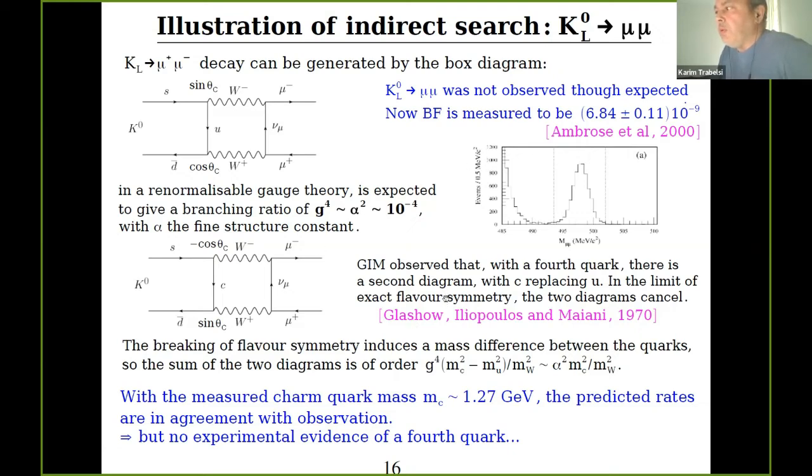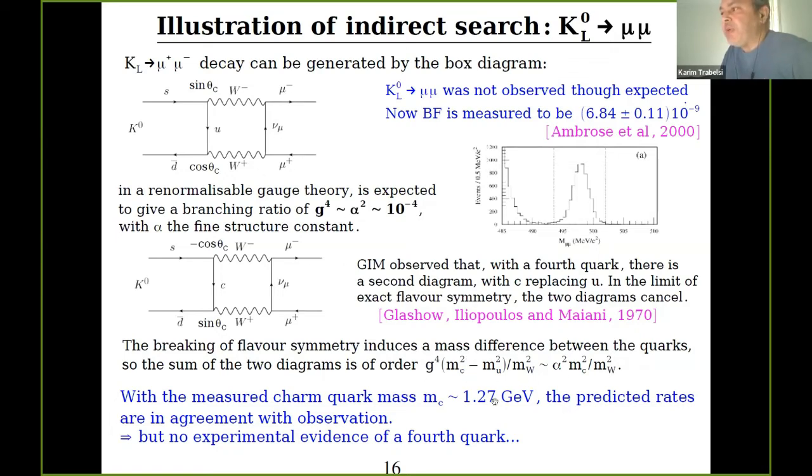And then as you all know, the fourth quark came, in fact, as new physics of that time, an extension of the standard model at least, which explains this cancellation between these two contributions. Because if it's a perfect cancellation, if C has the same mass as the up quark, then you will have perfect cancellation. It means basically you will never observe K-long to mu mu. And here you can observe something at 10 to the minus 9.